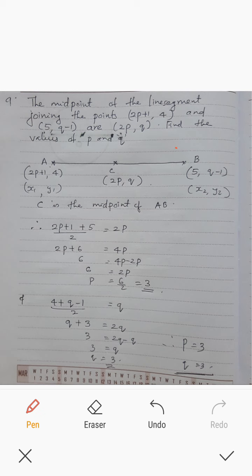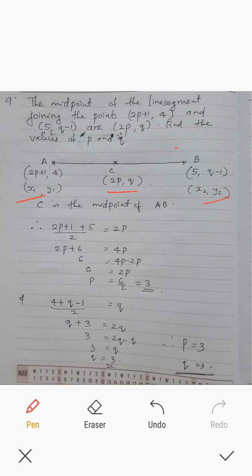Find the values of p and q. Here in this problem we are not given x1, y1, x2, y2 as constants. They are given in variable form, in expression form.